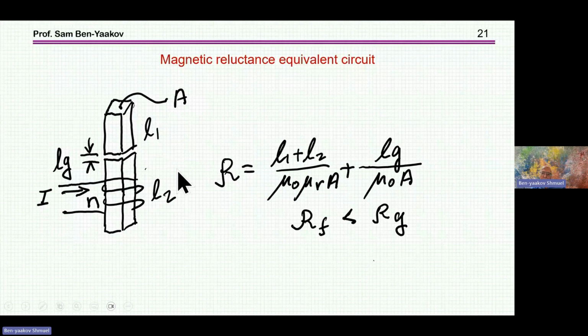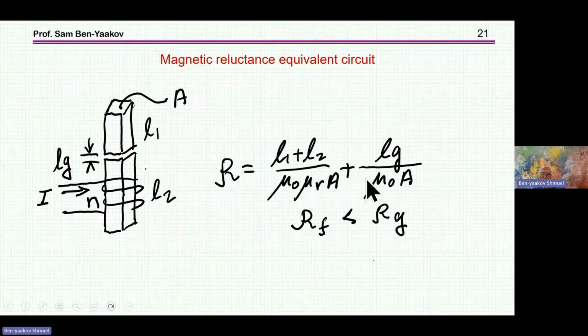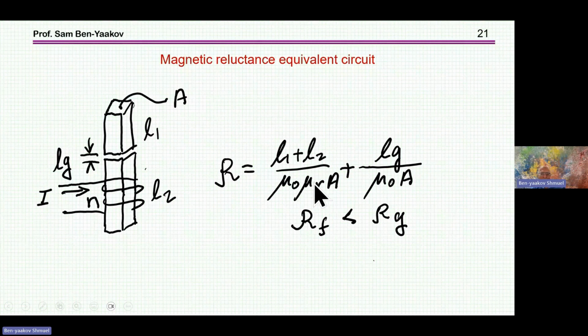For the gap, it is the same thing, except the permeability is much smaller because the relative permeability of air is 1. So this number is usually much smaller because of the large permeability in ferrite, 2,000, 3,000, 4,000 even, and therefore the reluctance is primarily controlled by the gap if it's not very, very small.